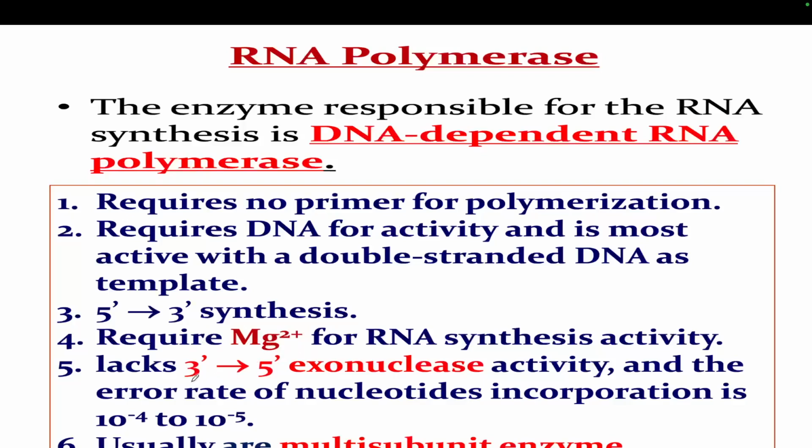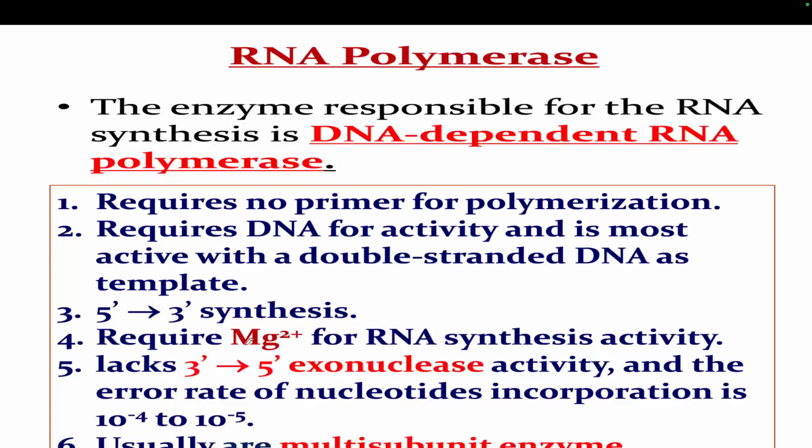In the case of DNA polymerase, it has exonuclease activity from 3' to 5', but RNA polymerase has no exonuclease activity. The error rate is already reduced during replication, so the chance of error at this stage is very low.